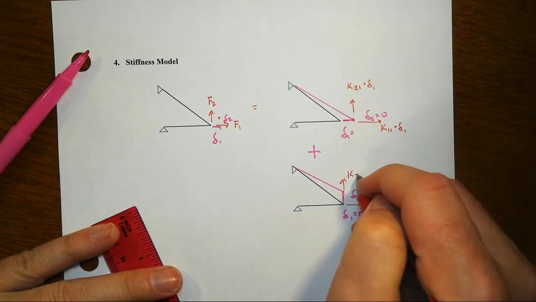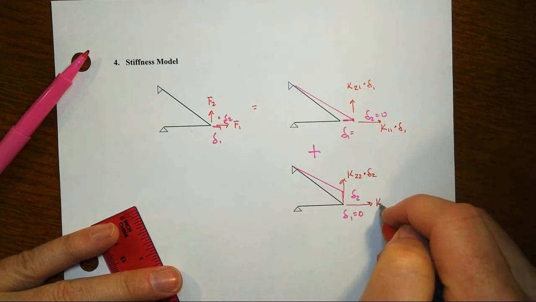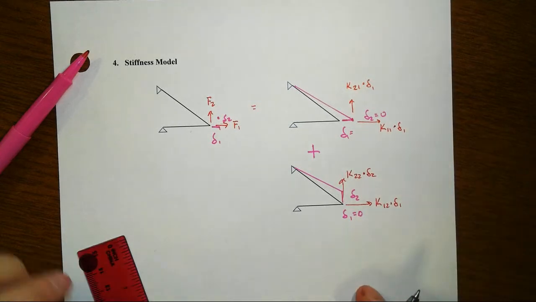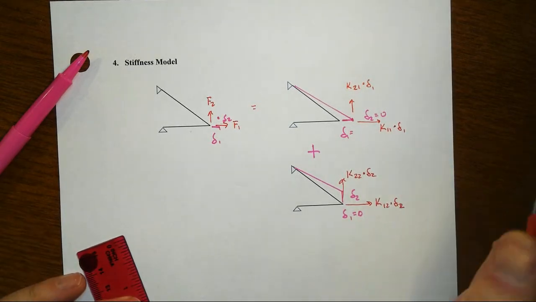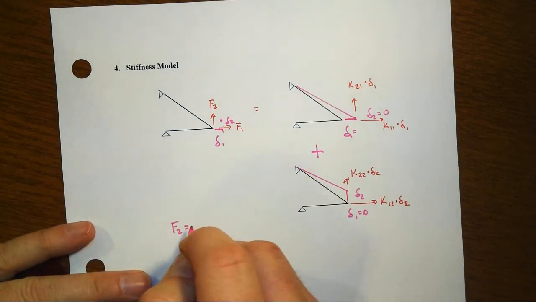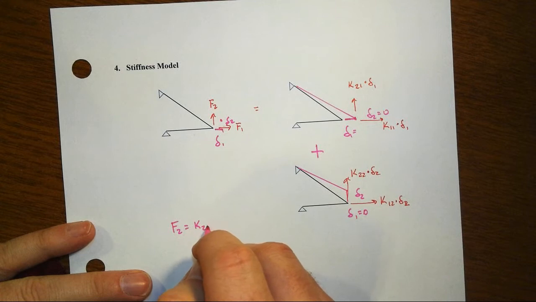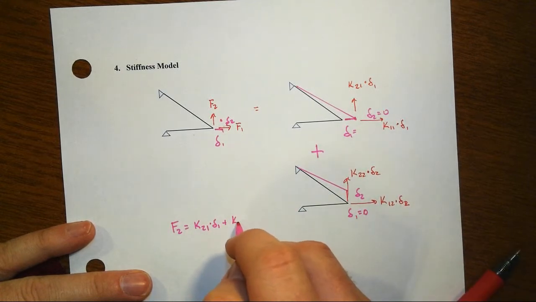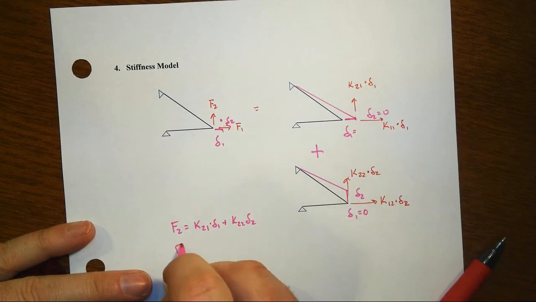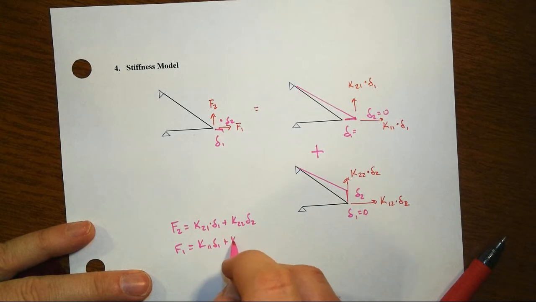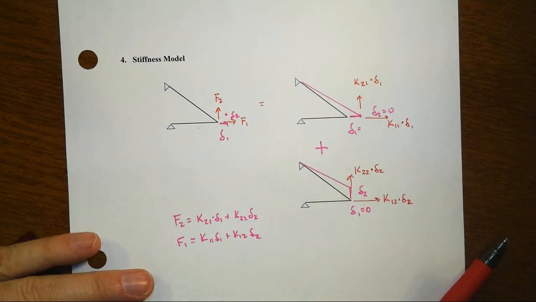This one would be K22 times delta 2, and that would be K12 times delta 1. Oh, sorry, delta 2. And so now note the equilibrium we end up with is that F2 equals K21 times delta 1 plus K22 times delta 2, and F1 equals then K11 delta 1 plus K12 delta 2.